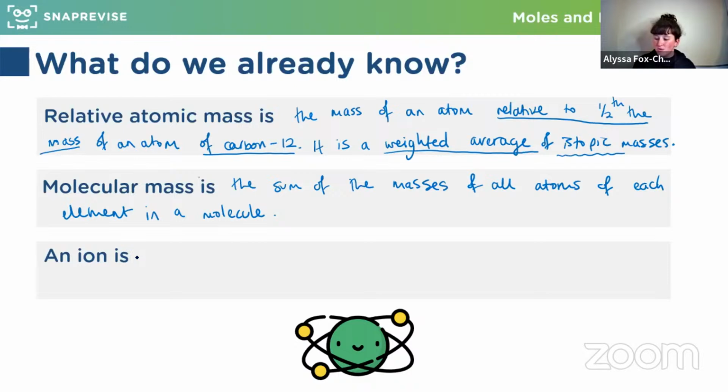So it's got to be an atom or a molecule that is charged. Let's put it the other way around: a charged atom or molecule. But again, you could say that it is an atom or molecule that has an overall charge, or does not have a neutral charge. That would also be fine.